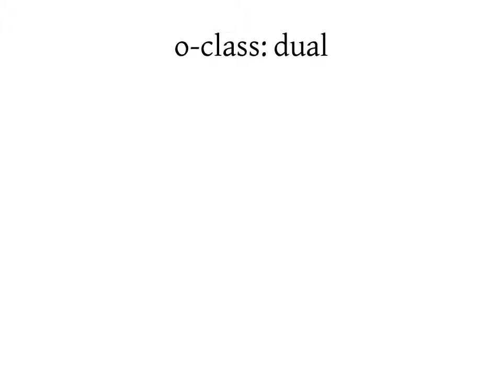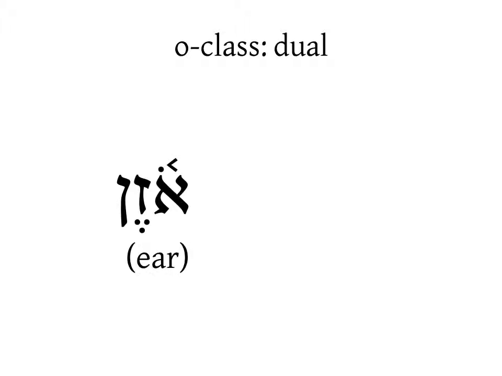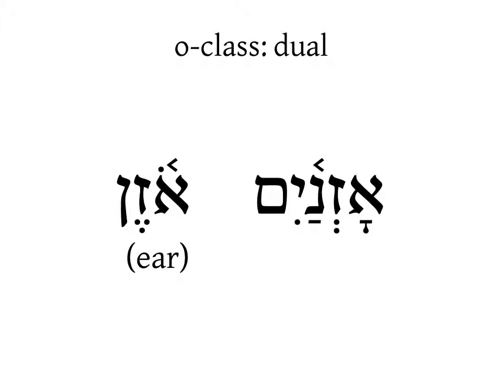And last, we come to the O class in the dual. Again, we have a body part, ozen, ear. And in the dual, it's oznayim. Now this kamatz under the aleph is kamatz chatuf, a short O. Not only does it come in a closed, unaccented syllable at the beginning of the word, but also it is in alternation with the cholem in the singular.